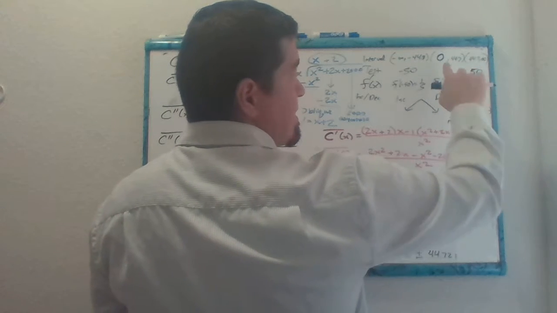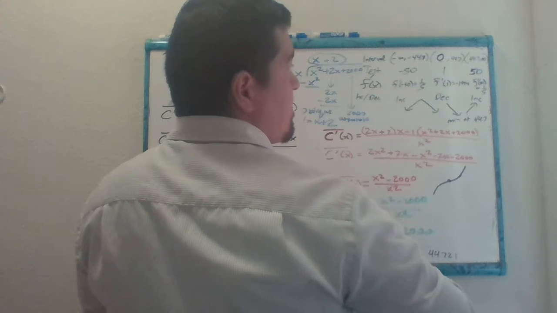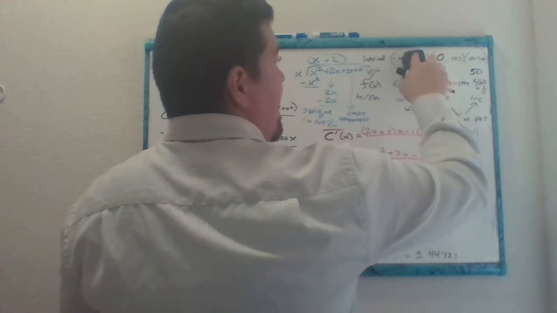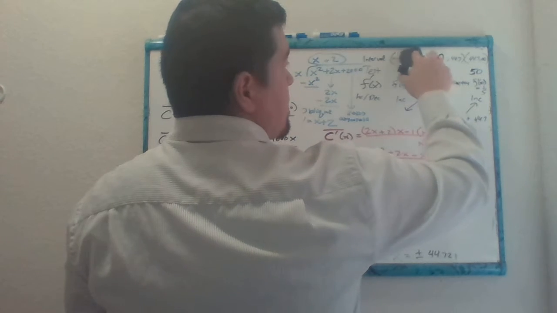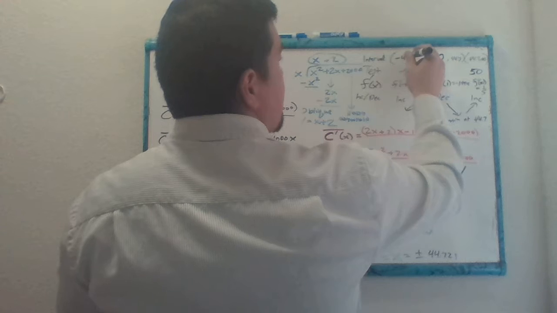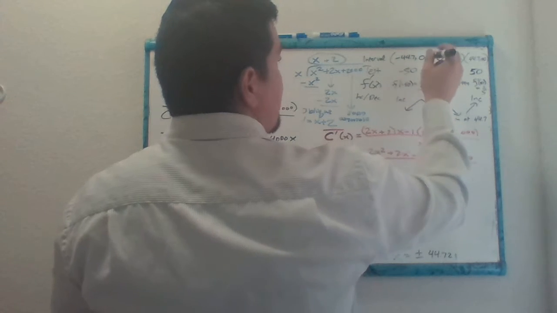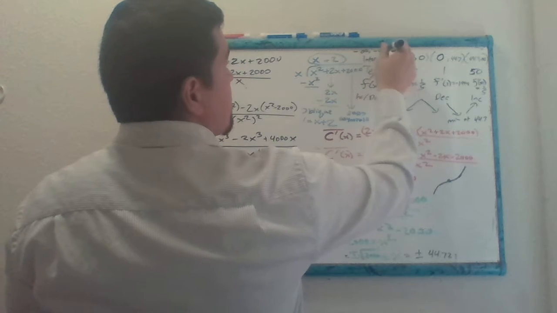That doesn't change too much because I already tested a point in there. And then I'd have to change this one from -44.7 to 0, if I wanted the full analysis of the full graph, and then negative infinity to -44.7.